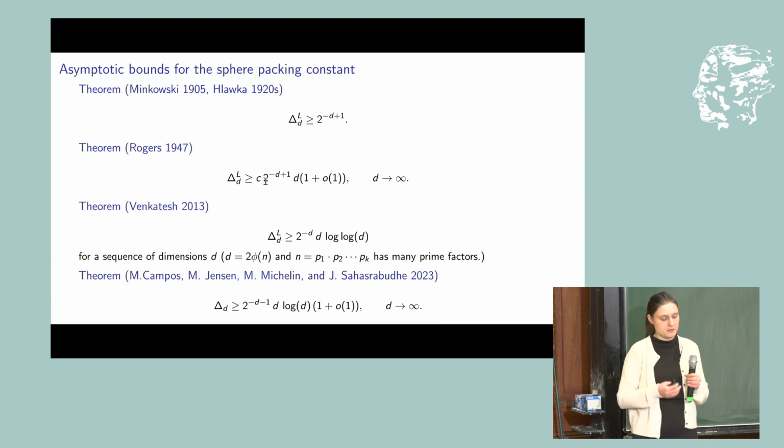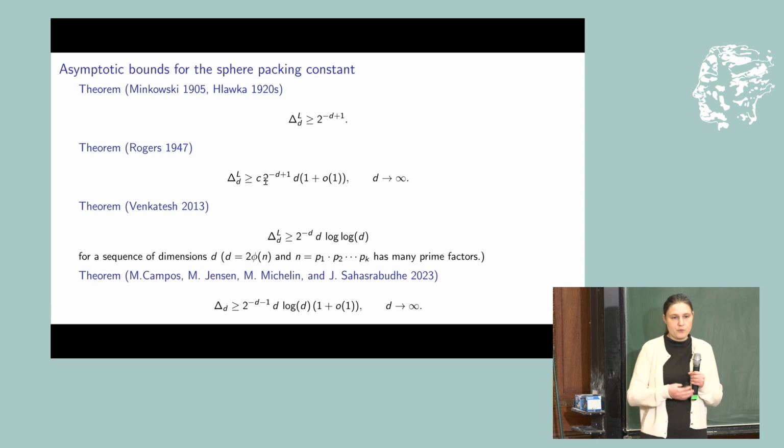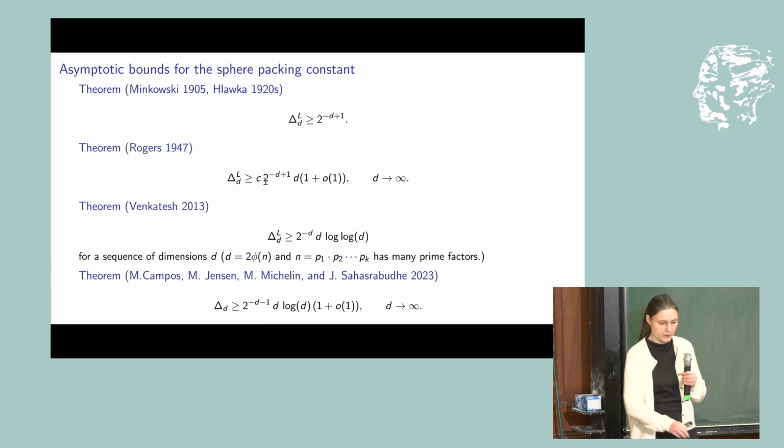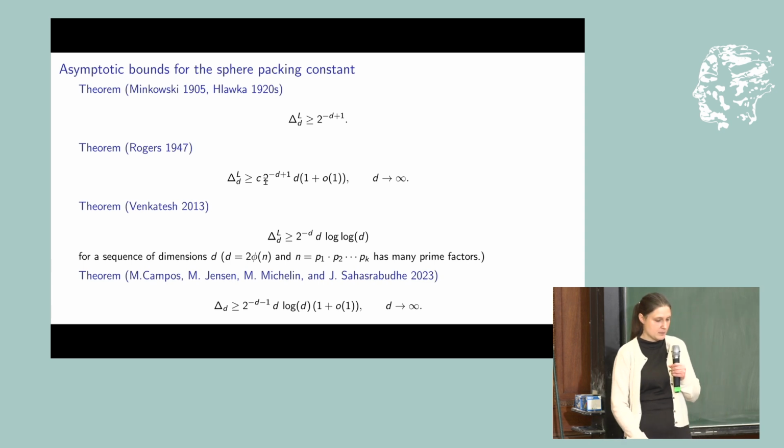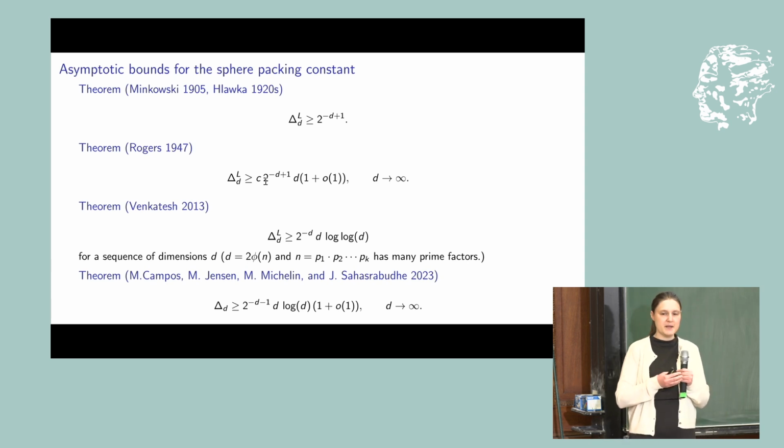And so here the situation is the following. So this is the brief history of asymptotic lower bounds for the sphere packing constant, but also the lattice sphere packing constant. And so somehow, as in many optimization problems, there are two methods which usually work quite well.